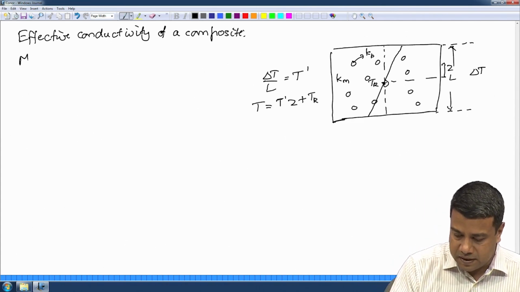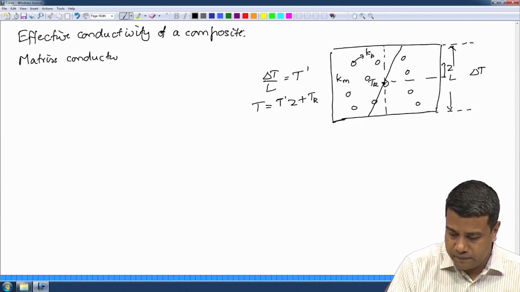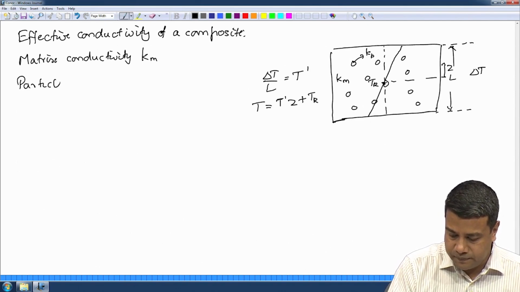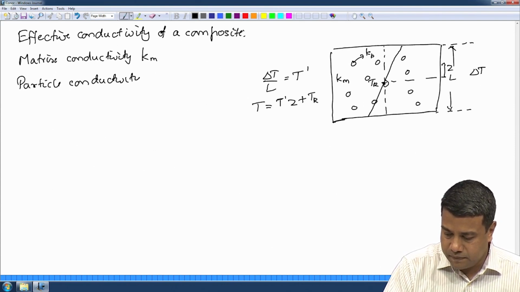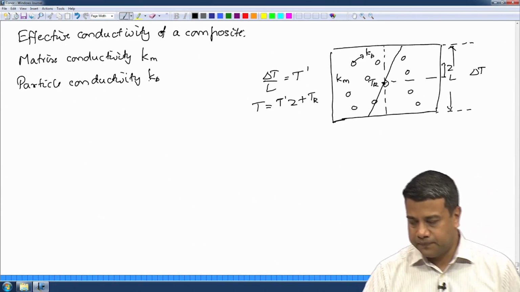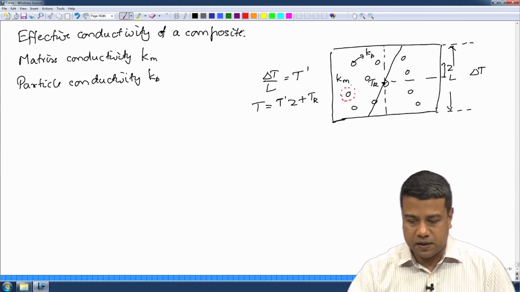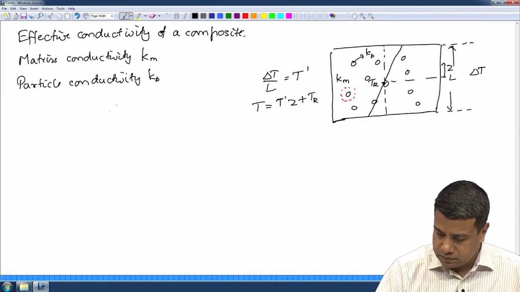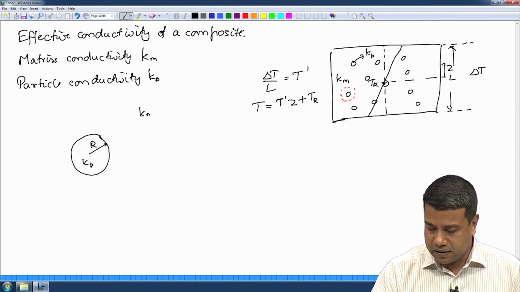So, if I just look at the region around one particle, the particle is considered to have a radius r and a conductivity K p in a matrix that has conductivity K m.